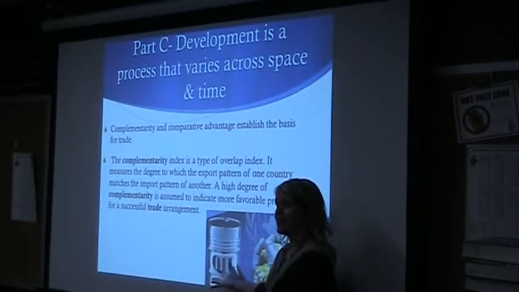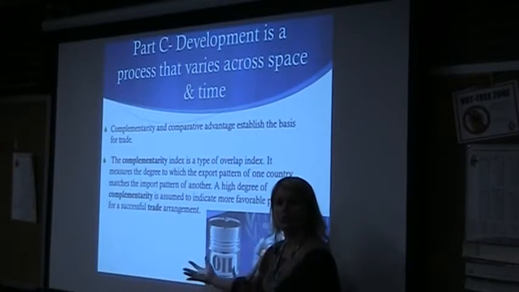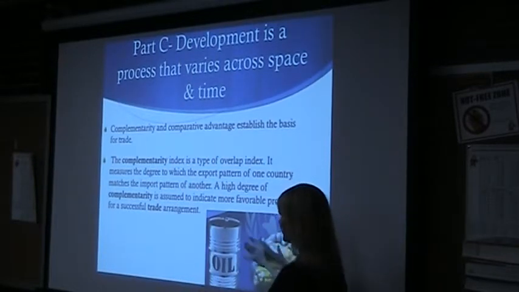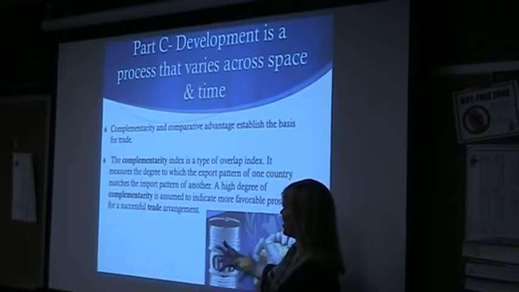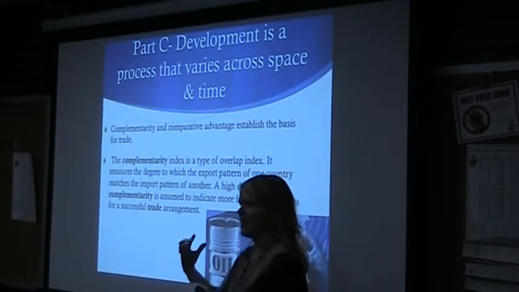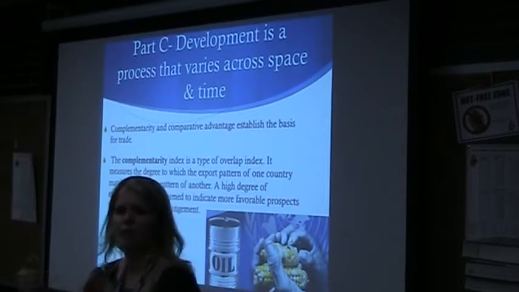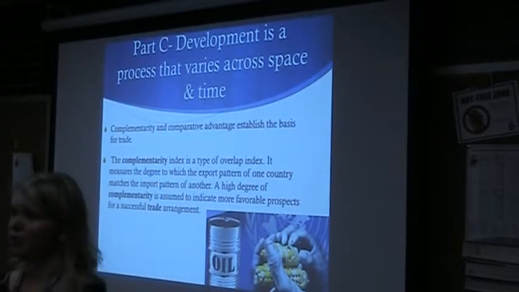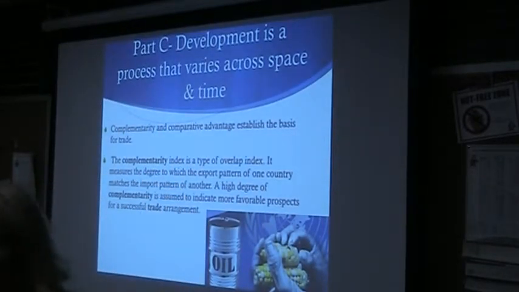So you seek trade relationships that complement what you do, right? So if we do this and they do that, that's the basis for trade. It indicates a more favorable prospect for successful trade if you have those complements, right? You're looking for a country that does what you don't do. Simple, right? This is the basis for trade.